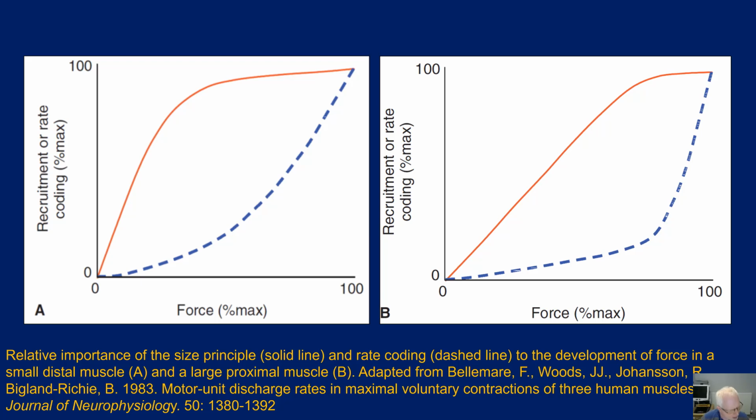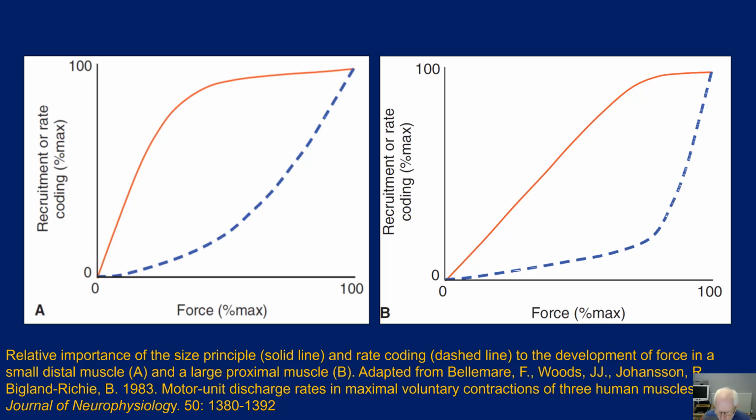And that's what you can see here. You can see the size principle, which is the solid line, so that's Henneman's size principle. Quite clearly, when we're producing low amounts of force, we've got low amounts of fibres being recruited.